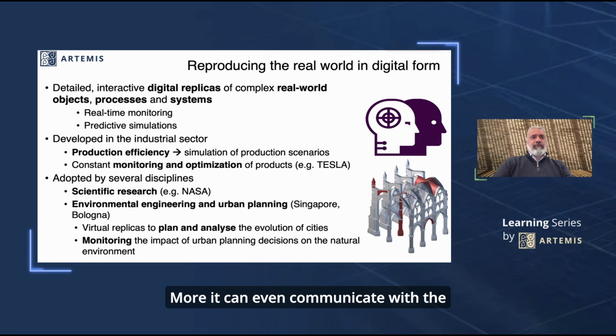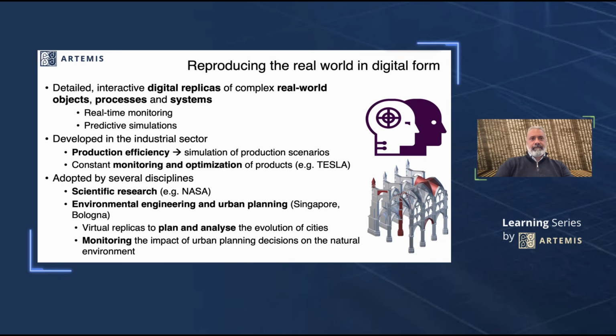More, it can even communicate with the real object in real time, for instance, by monitoring what's happening on it. And what is also nice is that it can even predict future behaviors of the object, that is, the shape, the status, and the conditions that the object may assume in the future.